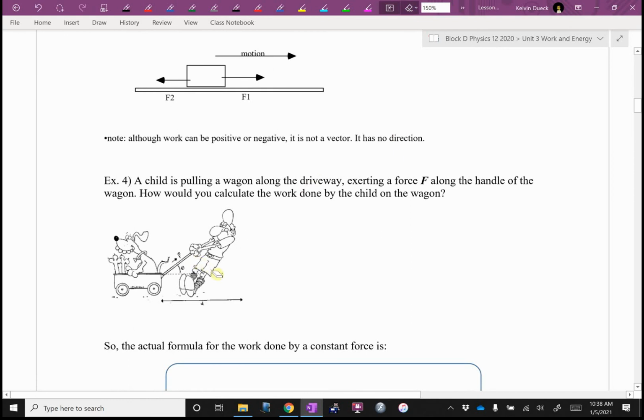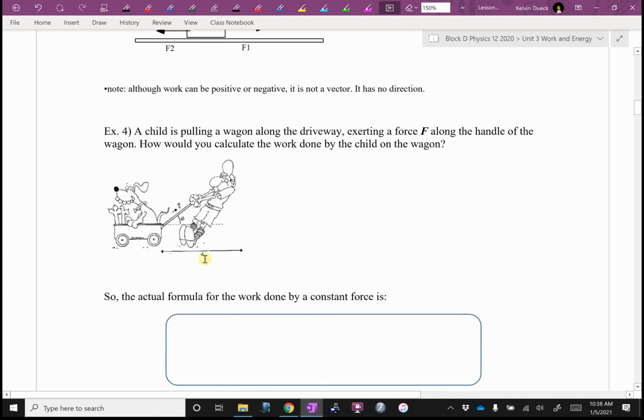What if the force is at an angle? We would go like this. There's the force. Hey, this looks like a lawnmower question. We would break it up into Fx and Fy, and there's theta. Look at the little picture, look at the direction of the distance.